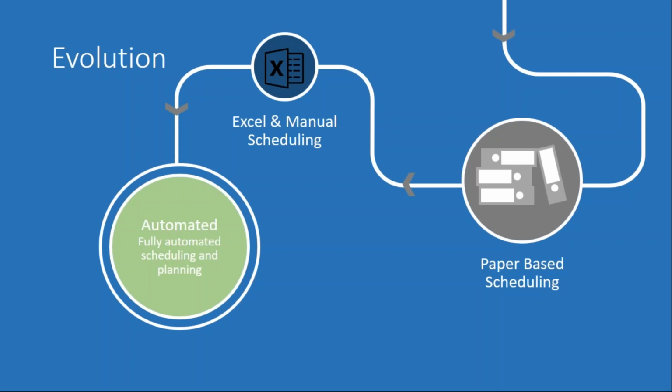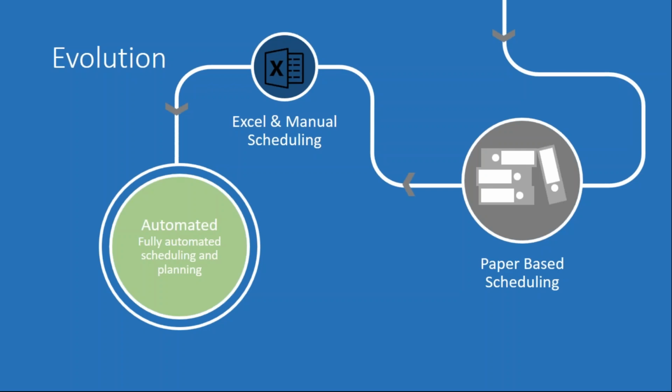However, if you look at the evolution here, we've moved from paper-based scheduling, so that's using A1 pieces of paper pinned to a wall, sticky notes, and very manual scheduling and deciding where somebody should be, through to somewhere in the middle that is more Excel, still manual, but we see a lot of clients working with a very complex Excel spreadsheet to work out where people should be and what time they should be there.